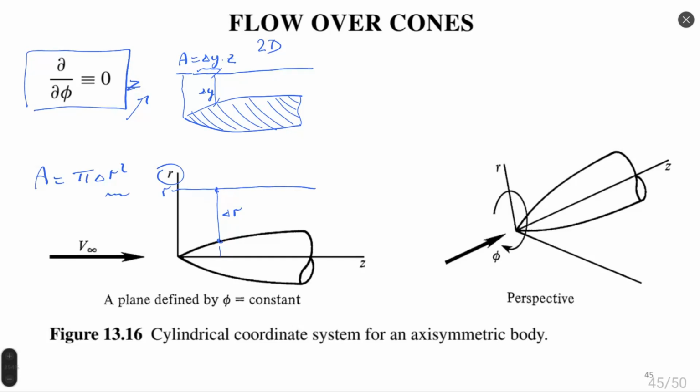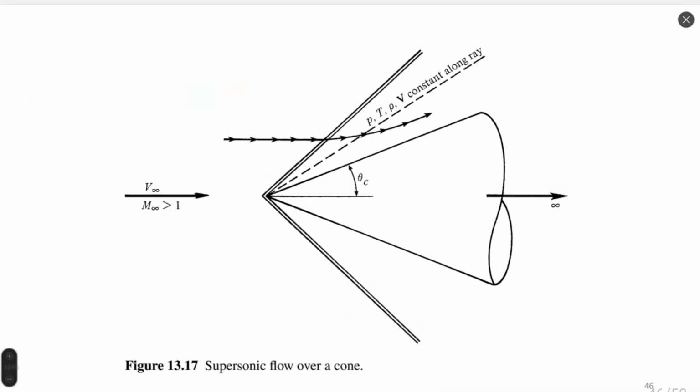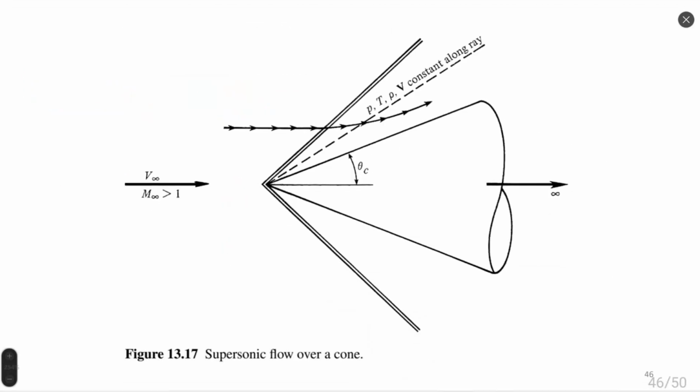So flow properties stay constant along this circular line at any point in space, at constant radius but with changing phi angle. So we can reduce our task from three-dimensional to two-dimensional, since we know that in axisymmetric flow the phi angle does not influence flow properties.